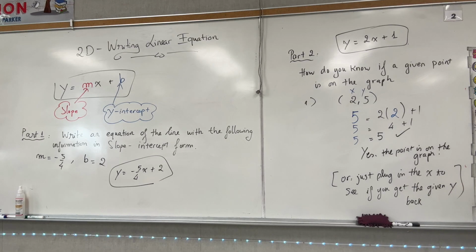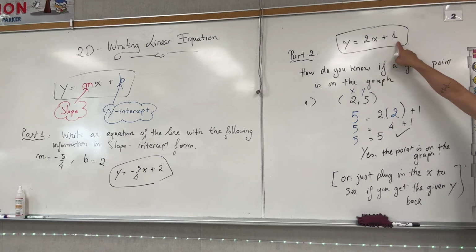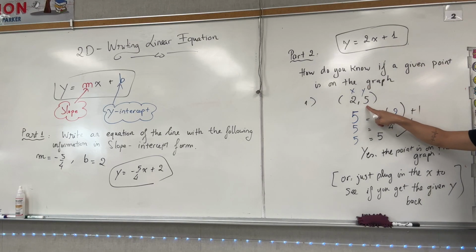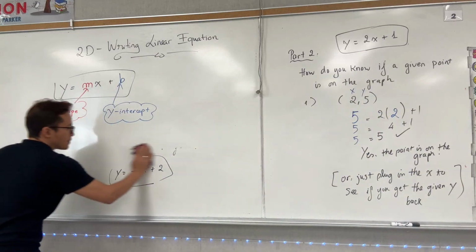Does it make sense when I say this? So you plug in the 2, only the x. 2 times 2 is 4, 4 plus 1 is 5. Does it match with this? Then it's on the graph, okay? So either way is fine. Just the one that you feel more comfortable with, you can do that.